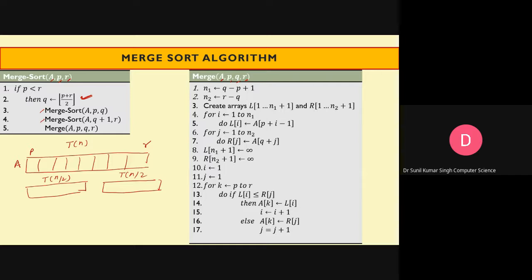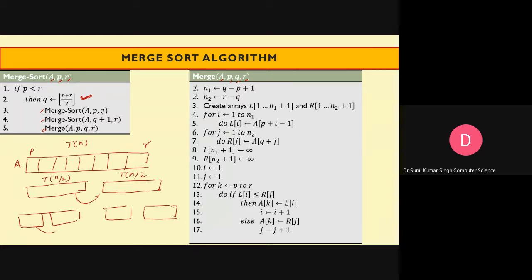And this last step will be associated with every merge sort step for merging the list. We have to merge these two lists, and if we divide further, then also after solving them, it will be required to merge.